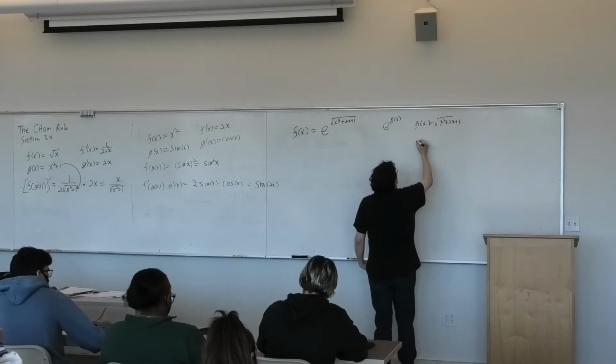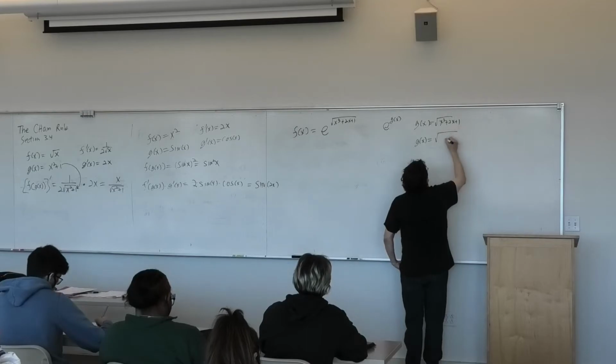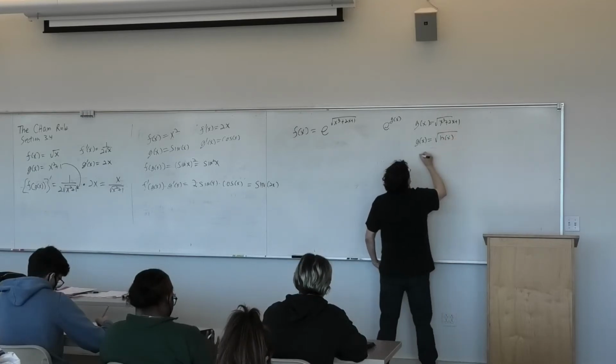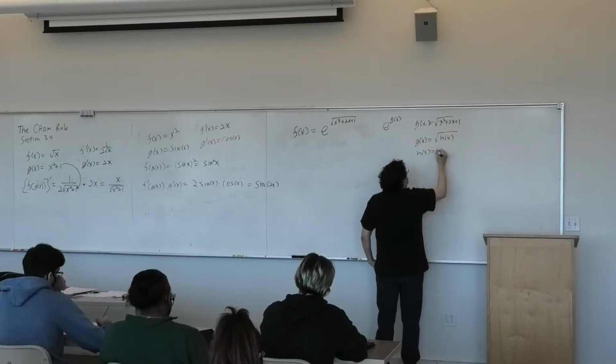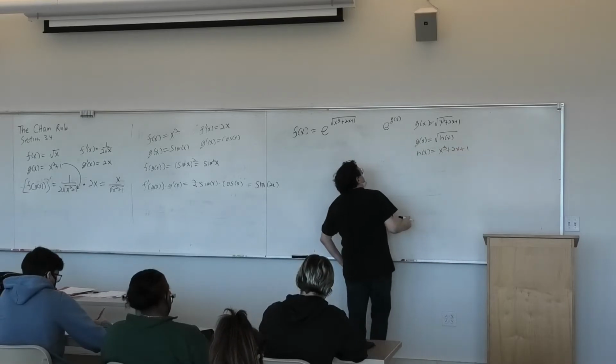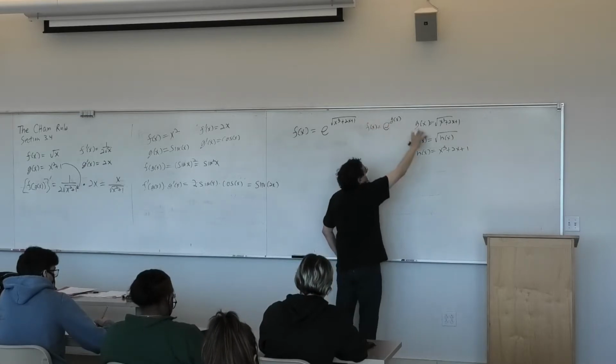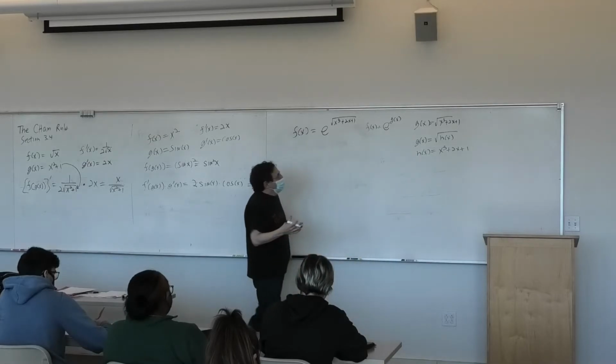Oh, but wait a minute. g of x is equal to the square root of h of x, where h of x is x cubed plus 2x plus 1. So this is f of x. So I could try and break it down that way and then apply the chain rule.